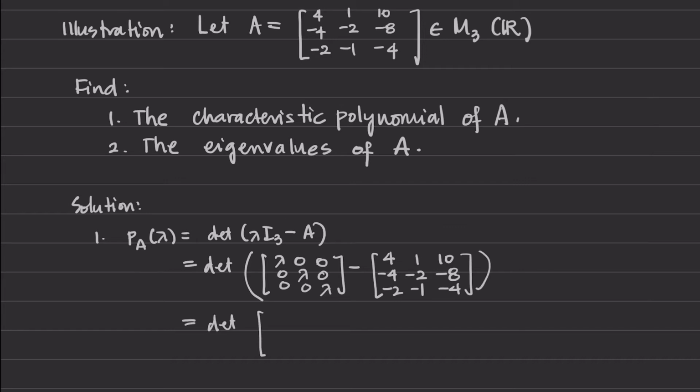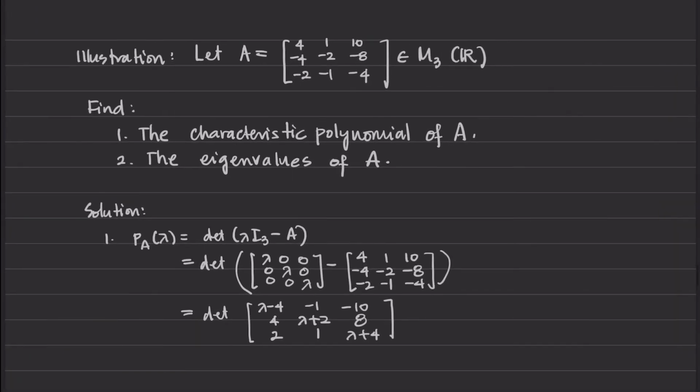So, which is lambda minus 4, lambda minus negative 2, lambda minus negative 4. So, you have 4, 2, negative 1, 1, and then negative 10, and then you have 8. So, actually, para mabilis yung pag-compute nitong part na to, ang ginagawa na lang, gawin yung lambda minus ito, tapos i-negate nyo lahat ng mga wala sa diagonal entries. Ito pala, wala sa diagonal entries.